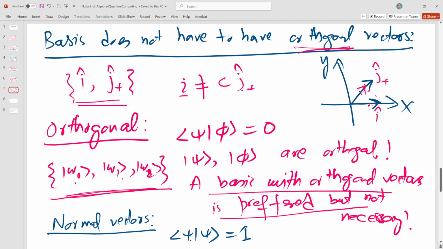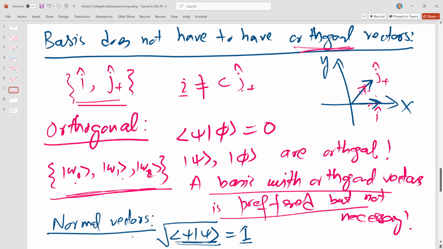This is going to be a real number anyway, so whether we take the square root or not, the square root of 1 is always 1.